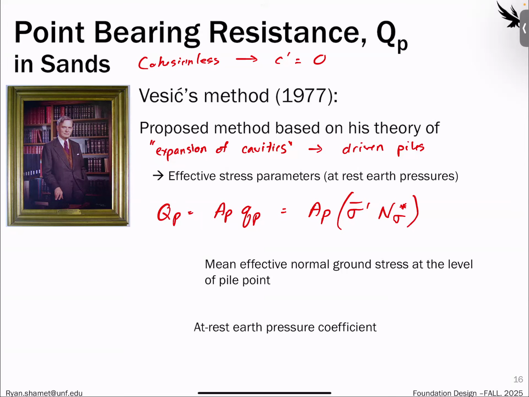Now, there's 2 terms here. This is the mean effective normal ground stress at the level of the pile point. So that's what this bar is right here.